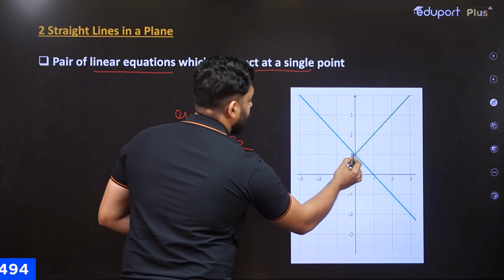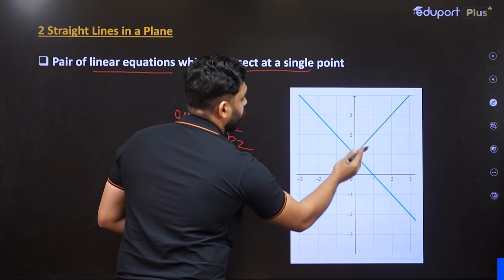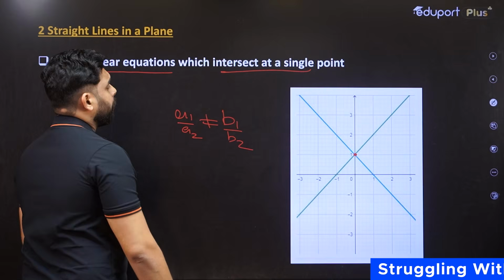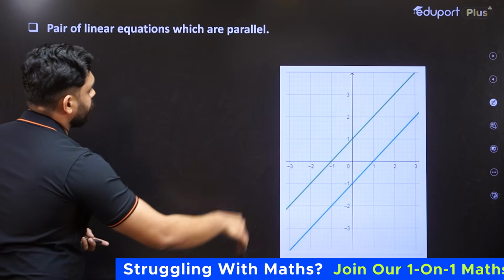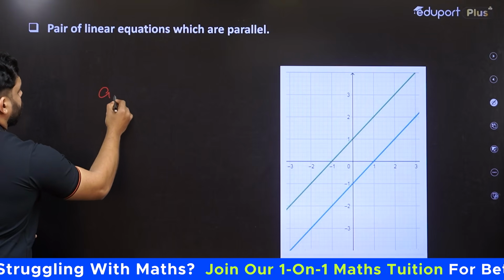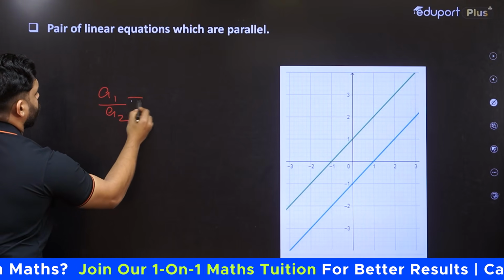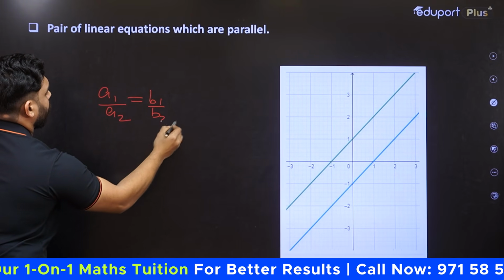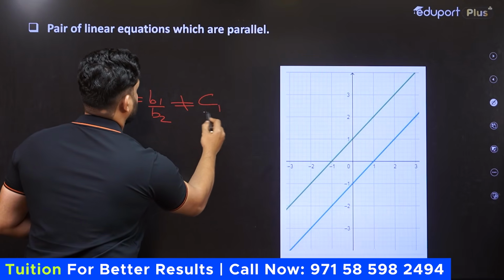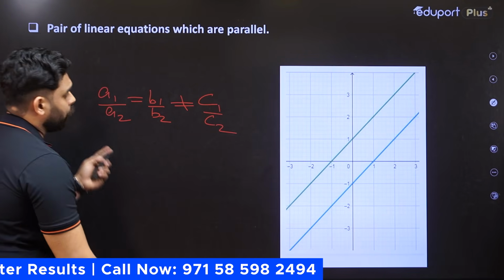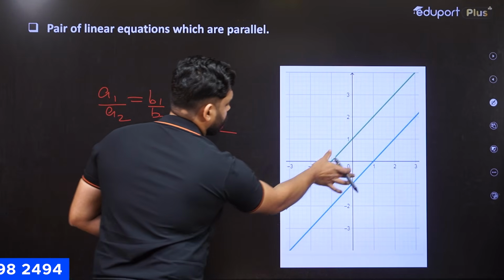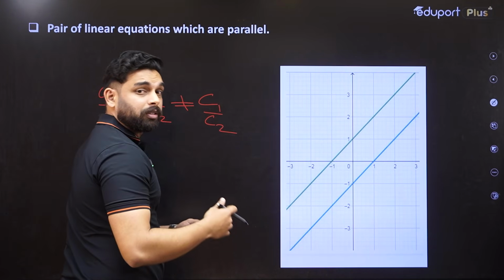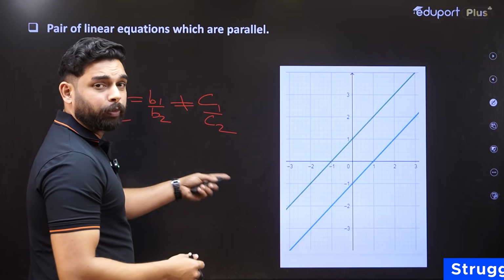They will have only one solution, where the 2 lines intersect. Now a pair of linear equations which are parallel. In the case of parallel lines, that is a1 by a2 equal to b1 by b2 not equal to c1 by c2, you will have no solution, because there will be no common points.